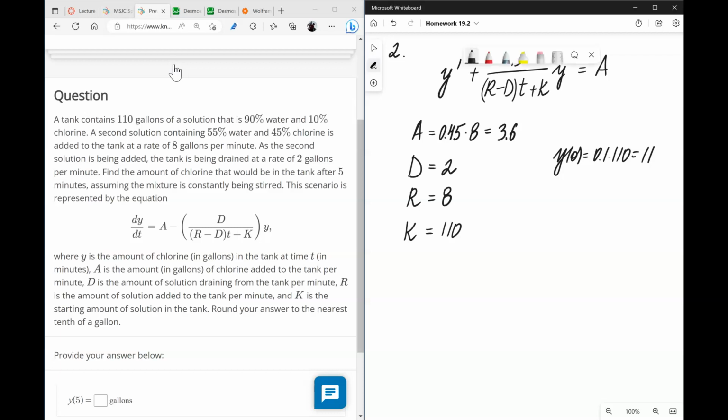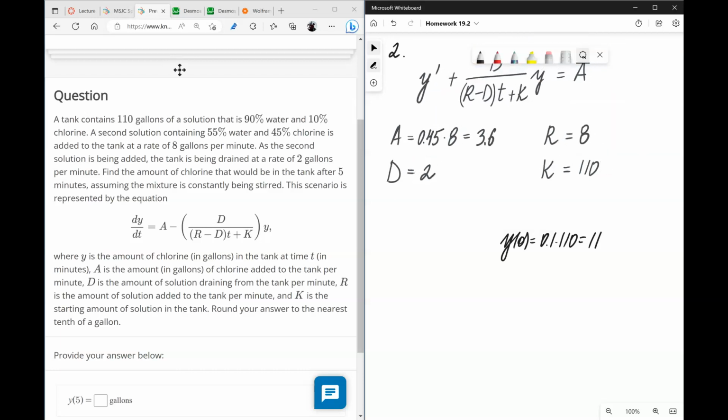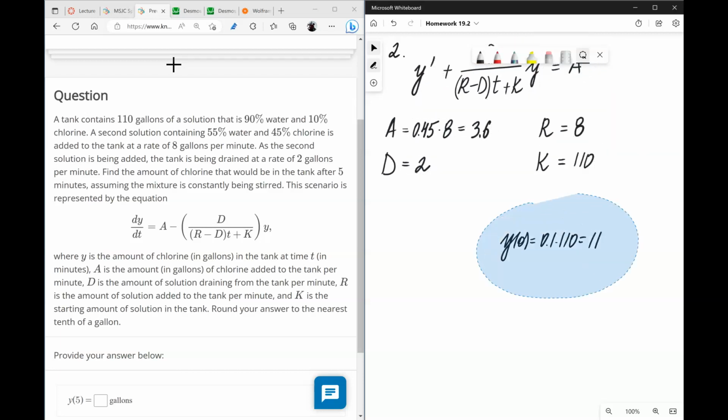So now that we know all this information, we plug it all in and solve the equation. It's an initial value problem.